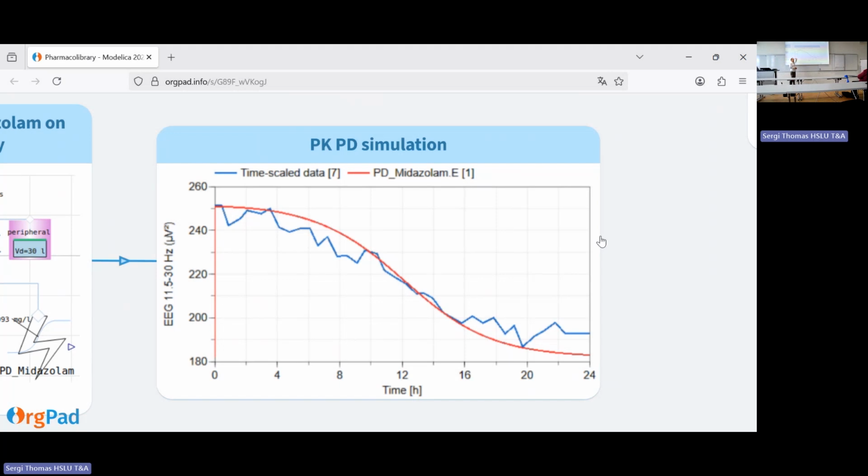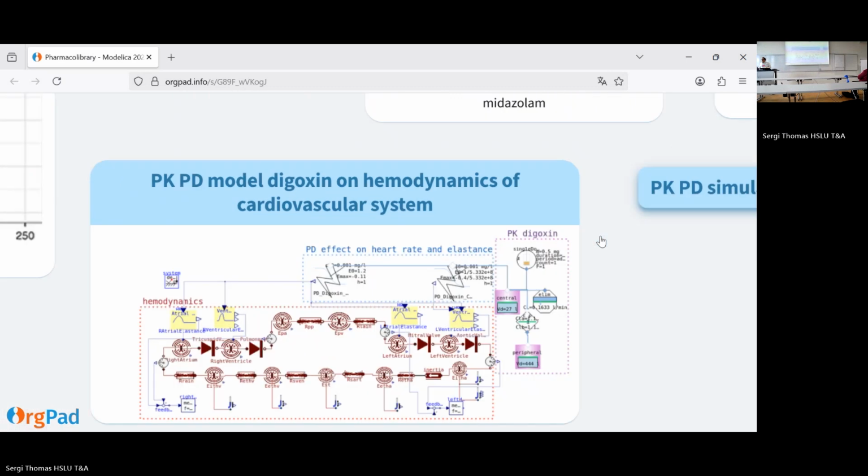So the patient is sedated in anesthesia, and after some time the activity goes down, then the sedation effect is mitigated, and the patient or the animal can wake up.